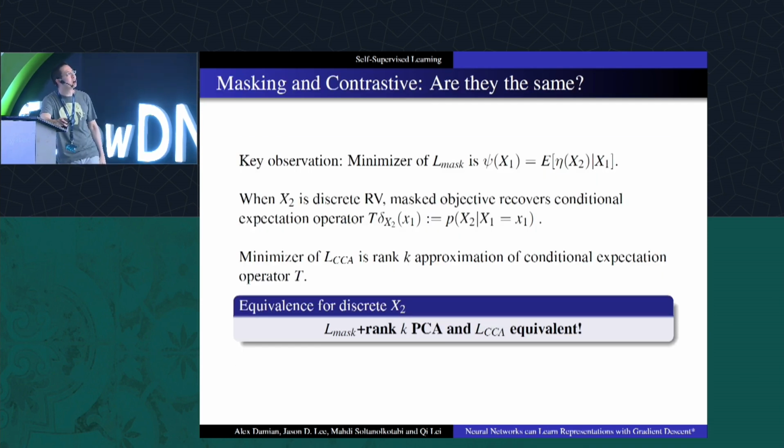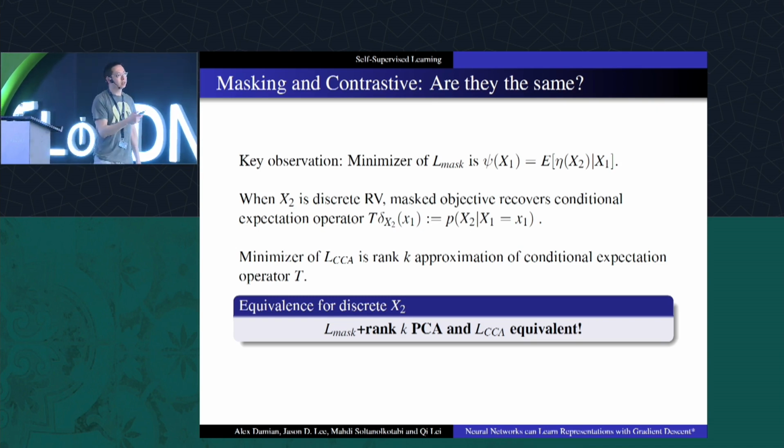So a very simple observation is that these methods are very similar in a very precise sense. This masking objective in autoencoders or context encoders, the optimum is going to be given by the conditional mean, right? The minimizer of square error is always a conditional mean. So if I want the optimal predictor of eta, it's going to be given like this.